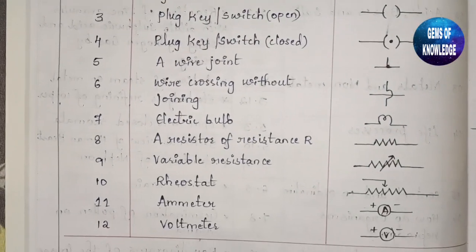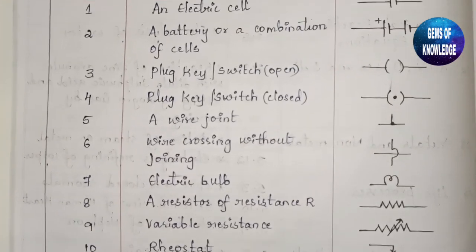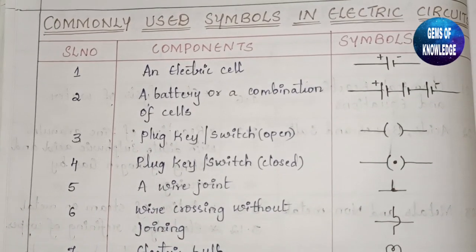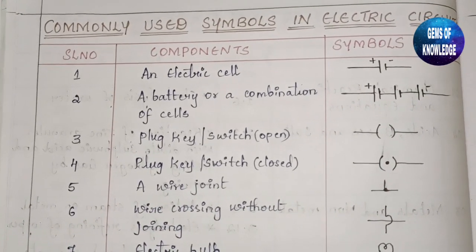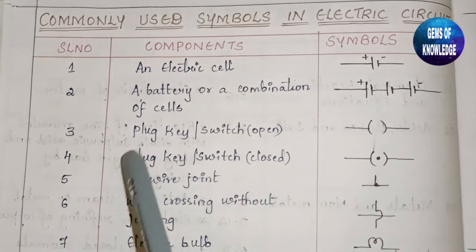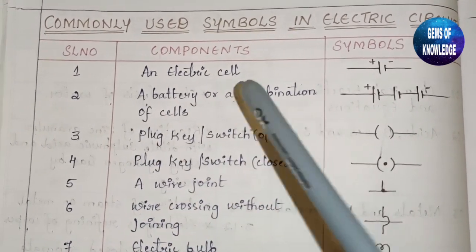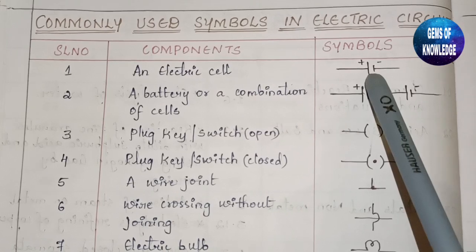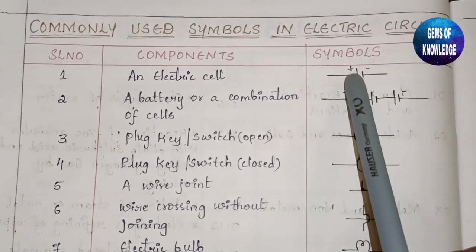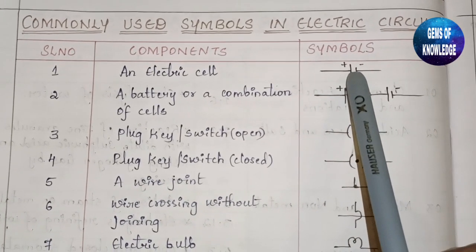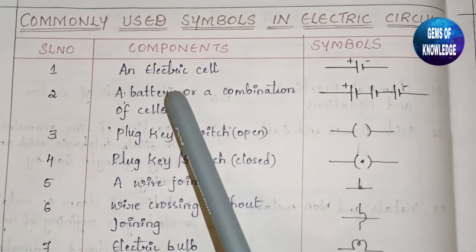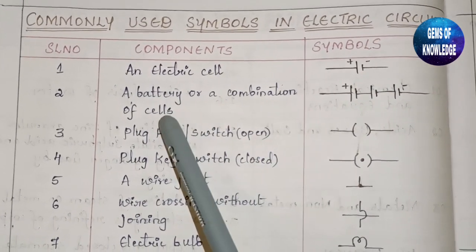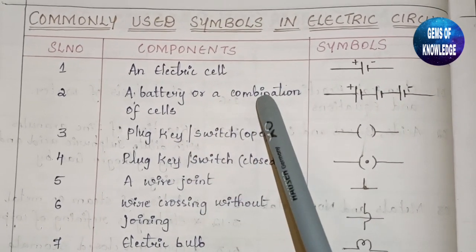So here are good 12 symbols which are present in the electricity chapter, and you may expect 1 or 2 marks regarding these symbols. Okay, an electric cell is shown by this symbol. The greater end will be positive and the shorter end is negative. Similarly, a battery is nothing but a combination of cells.